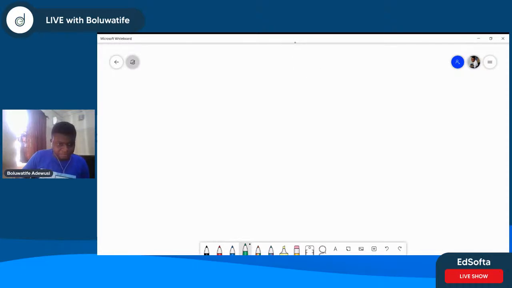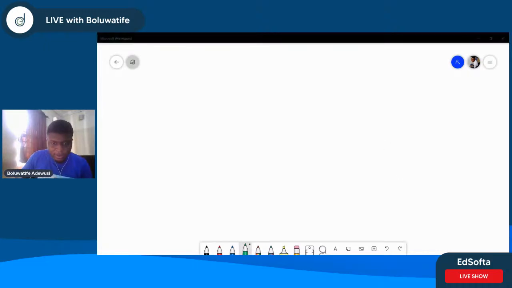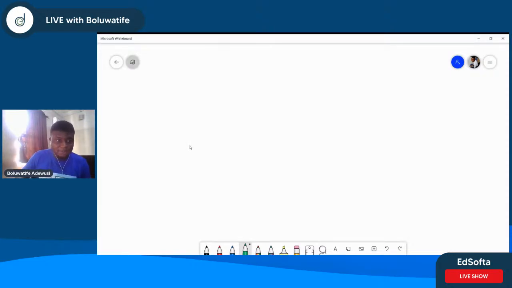Okay, so if I recall earlier, I have my diameter here as 1 millimeter. So let me just write that down. My diameter here is equal to 1 millimeter, and then I have a length of 2 meters.